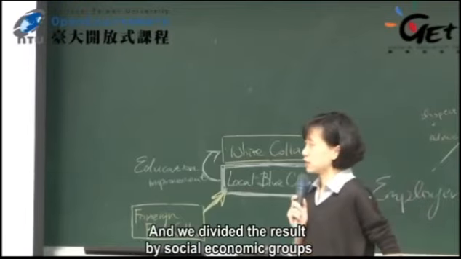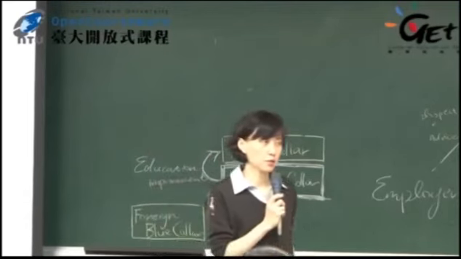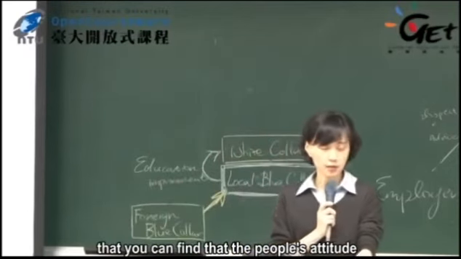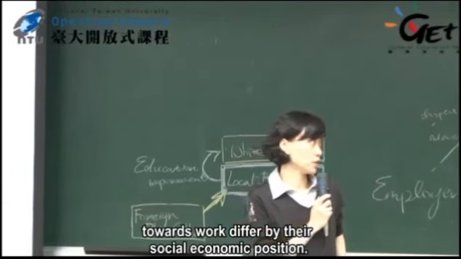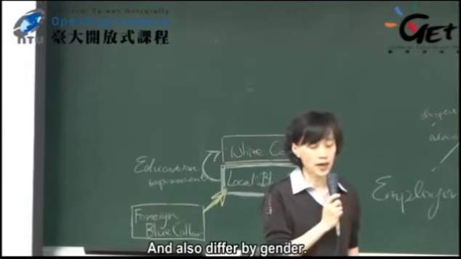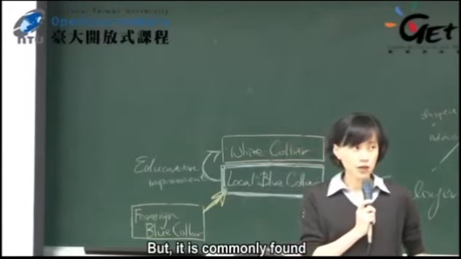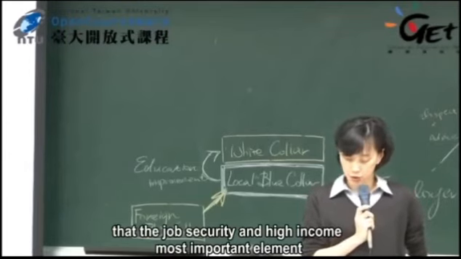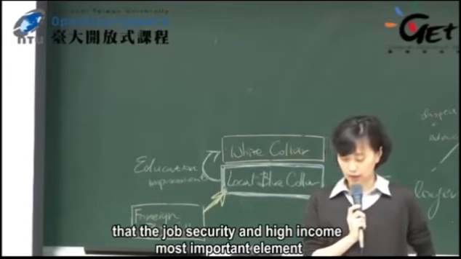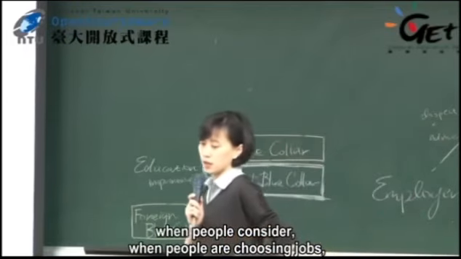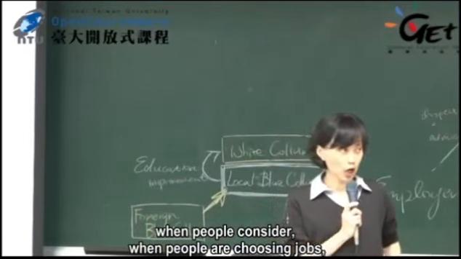If we divide the results by socio-economic groups, you can find that people's attitudes toward work differ by their socio-economic position and also by gender. But it is commonly found that job security and high income are the most important elements when people are choosing jobs.